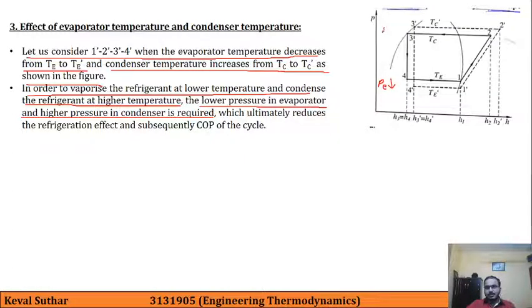So condenser pressure required is higher, which ultimately reduces the refrigeration effect, as we have seen in our previous two cases. So the effect of reducing the evaporator temperature and increasing the condenser pressure is equivalent to reduction in evaporator pressure and increase in condenser pressure. So it will subsequently reduce the refrigeration effect and COP of the cycle.